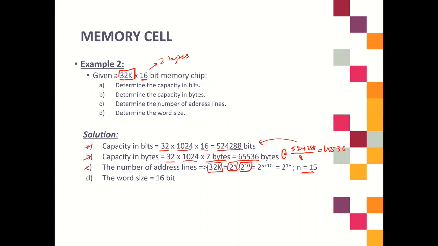And then the word size here is 16 bits, because you are referring to the second value, which is your m value. Based on the same question, there may be other types of questions that will be asked.